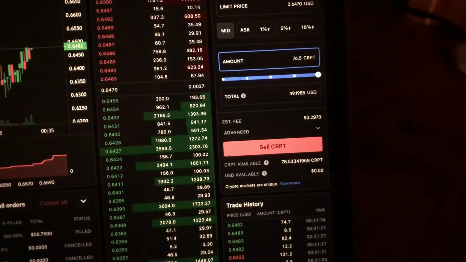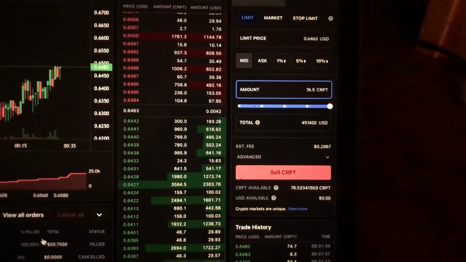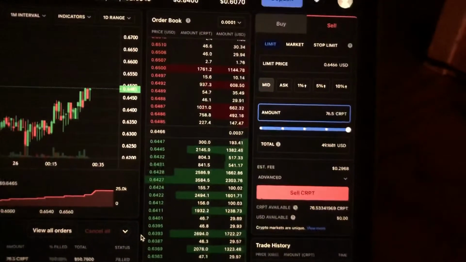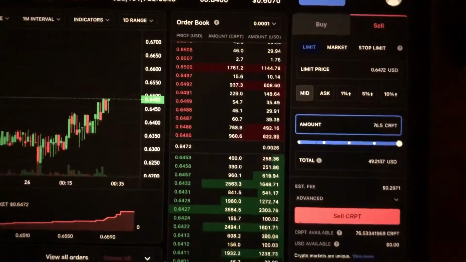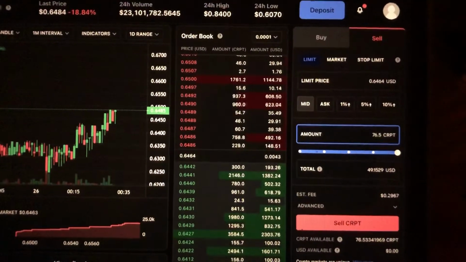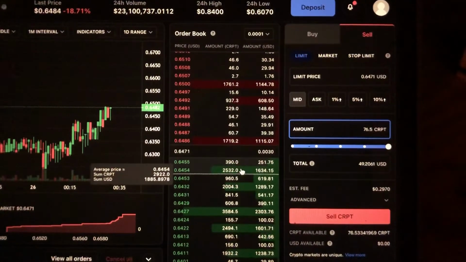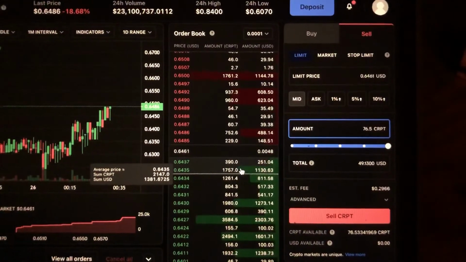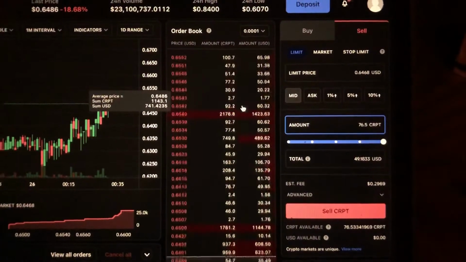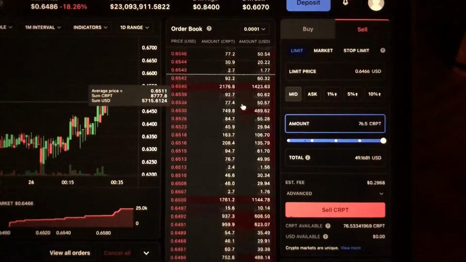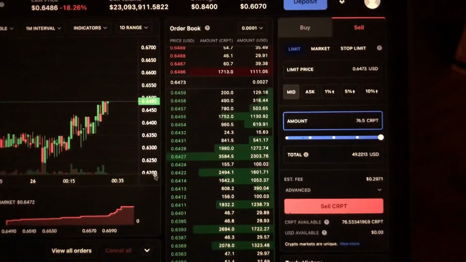Looks like the buyers are in control right now, just from reading the tape. So this is a level 2 tape. That's how you read the tape. It's going to be really difficult to see all these flashing numbers, but as time goes on, you'll be able to scroll up here and then scroll back down here and see who's in the lead really quick.